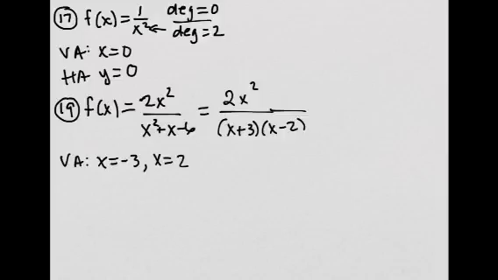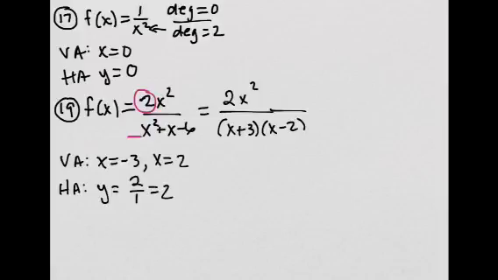For the horizontal asymptote, we look at the degree of the numerator and denominator. In this case, they're equal. So when the degrees on the top and bottom are the same, then you look at the leading coefficient. So it would be y equals 2 over 1, because that's the leading coefficient for each one, 2 over 1. And so 2 over 1 is just 2.